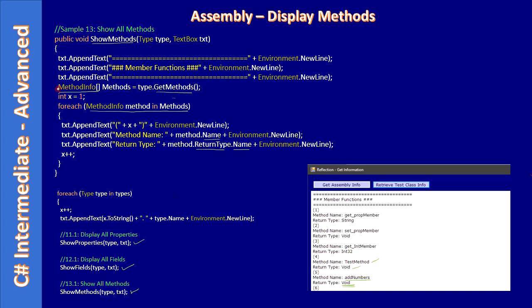And what you have to know is MethodInfo, get methods on the type object, then accessing the individual properties name and return type. Alright, now we will go to the demo. Parameters we will do in the next video. Now we will go to the demo and display the method names.